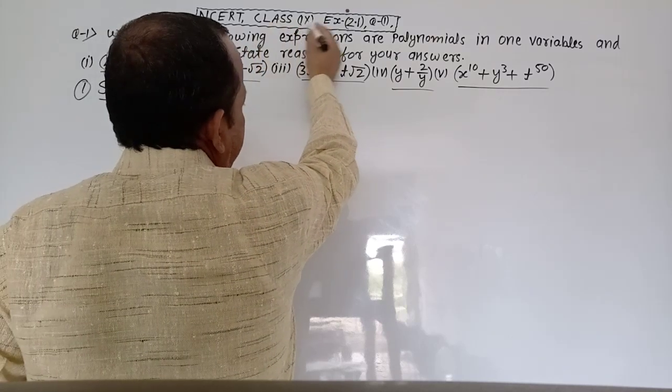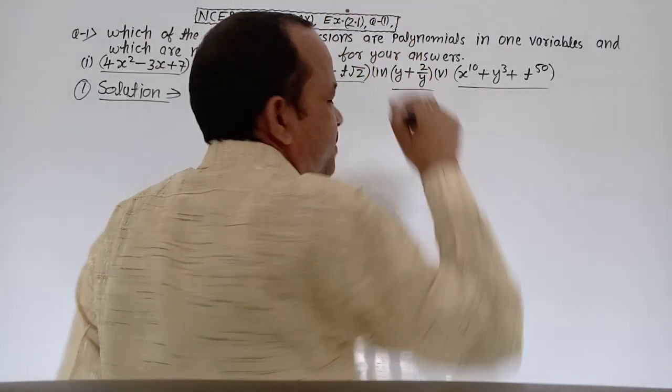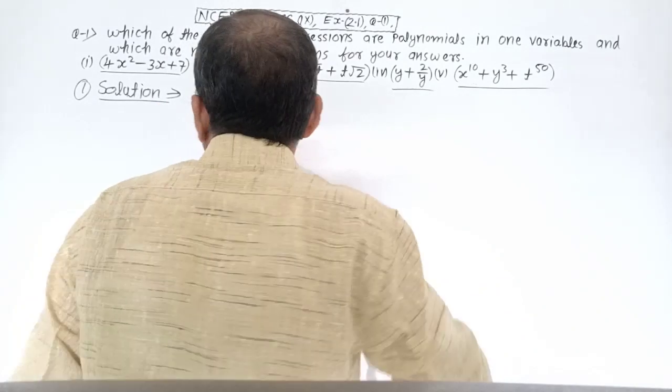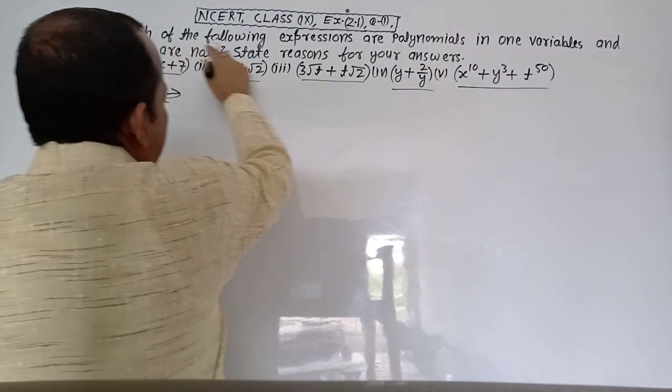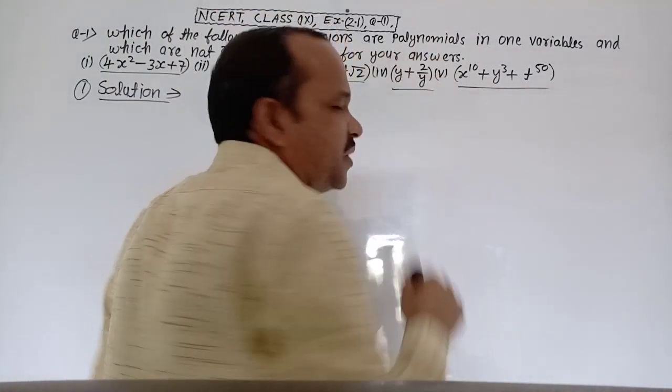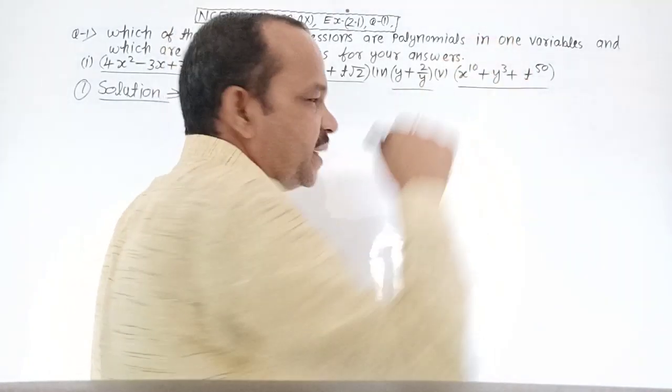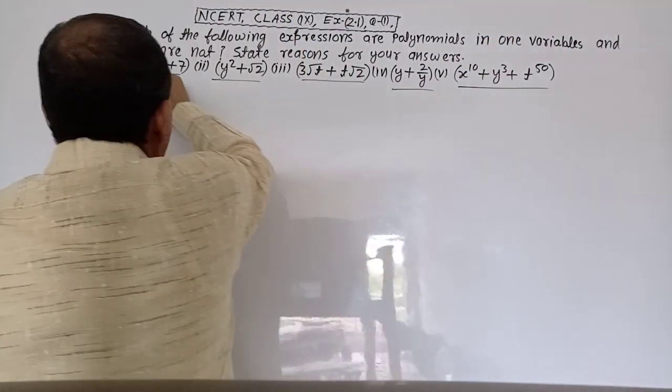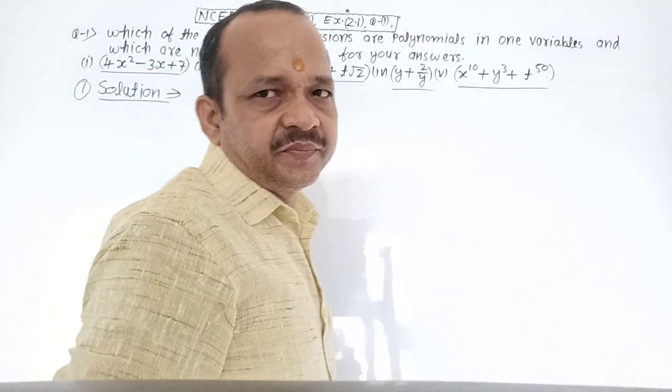NCERT class 9, exercise 2.1, question number 1. Which of the following expressions are polynomials in one variable and which are not?